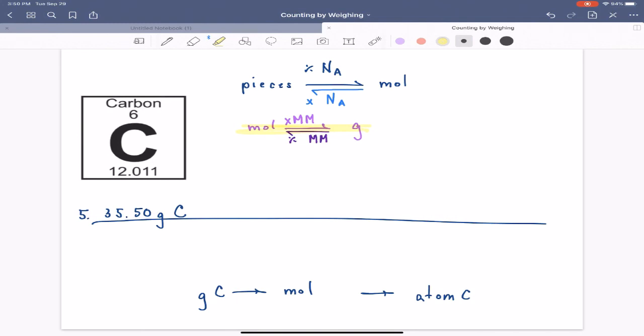And then I can go from moles to pieces. Anything having to do with the mass, I use numbers given off the periodic table. That's how many grams in a mole. To go from moles to pieces, I use Avogadro's number.